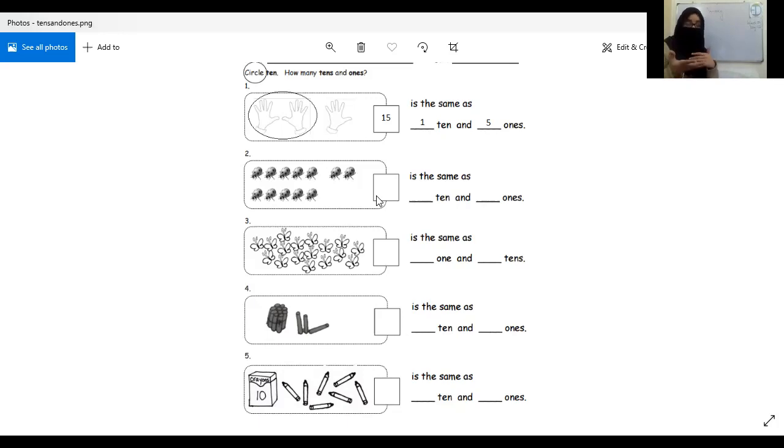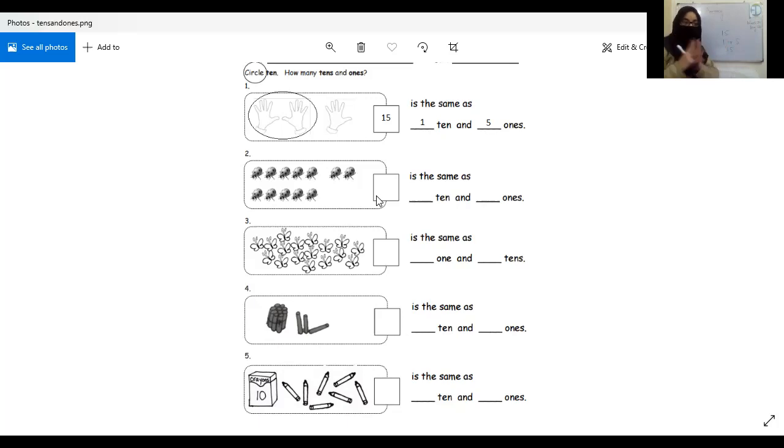And how many in total are there? 15. So if the number is 15, how many tens are there? Only one, right? And how many ones? 5. So 10 plus 5 would be 15. Remember when we were practicing counting numbers on the abacus, we counted the number of tens, and then we counted the number of ones, and then we found the number, right? So we will be doing the same thing over here as well, okay?